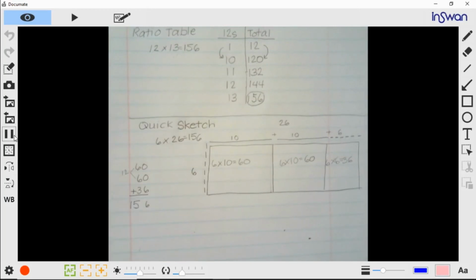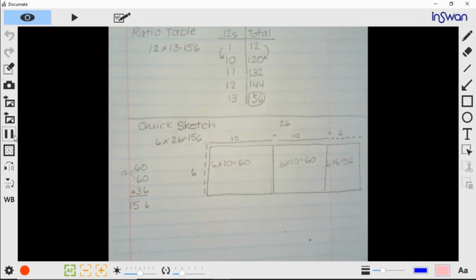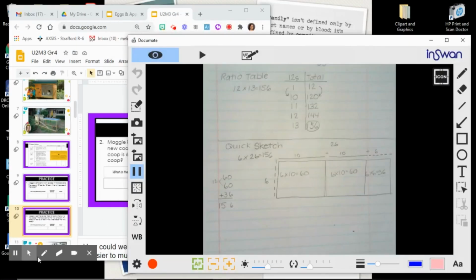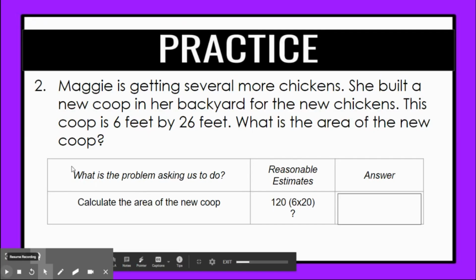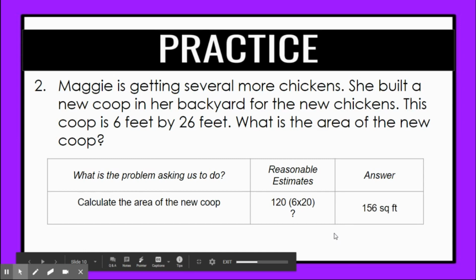And of course, we're talking about area again, so it is squared units, and we know that the units are feet. So switching back over to Maggie's chickens, our answer then is 156 square feet.